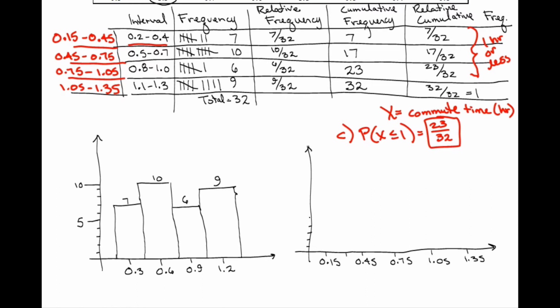If I do my frequencies, 1, 2, 3, 4, 5, 1, 2, 3, 4, 5, so 10. So now I'm going to draw my first one, it's going to go up to 7. I'm going to label it. Next one's going to go up to 10.